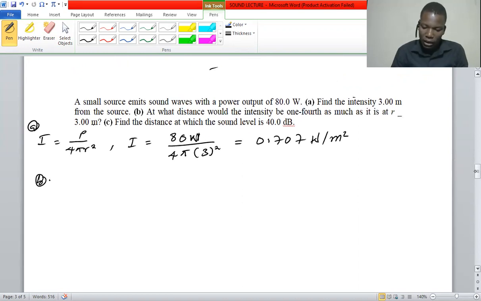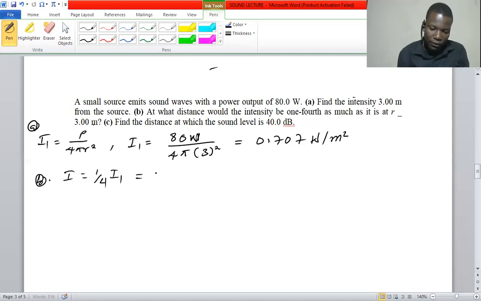Let the intensity at radius 3 meters be I1, and let this other intensity be I. We are told that this is 1/4 of I1.